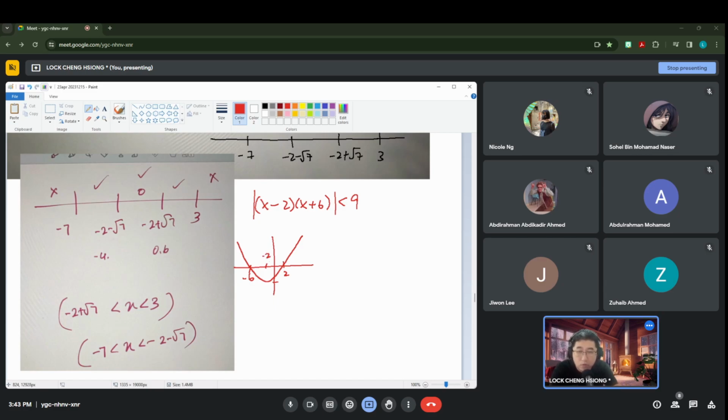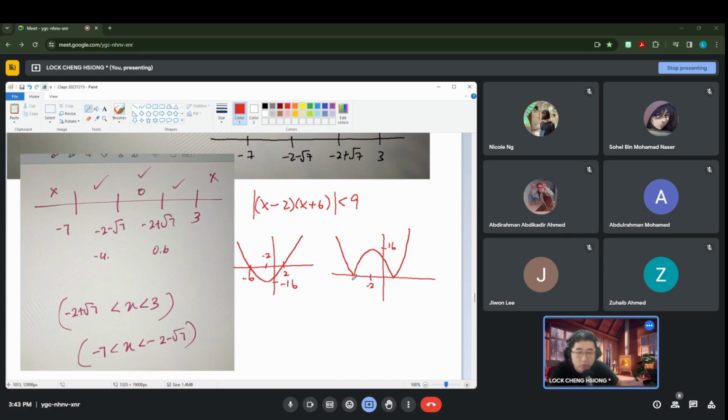Then for this one, bracket negative 2 minus 2, negative 2 plus 6, I have negative 16. Then after that, modulus. This one becomes 16.